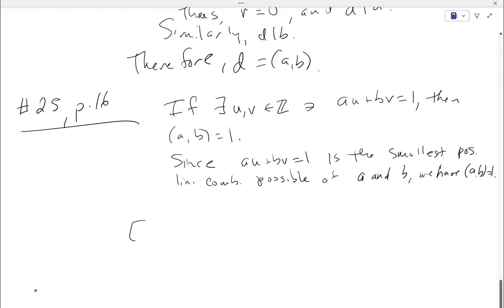Let's, by example, do 3 times 4 minus 5 times 2. That's a linear combination of 3 and 5. That gives me 2 in this case, right? Is 2 the GCD of 3 and 5? No.